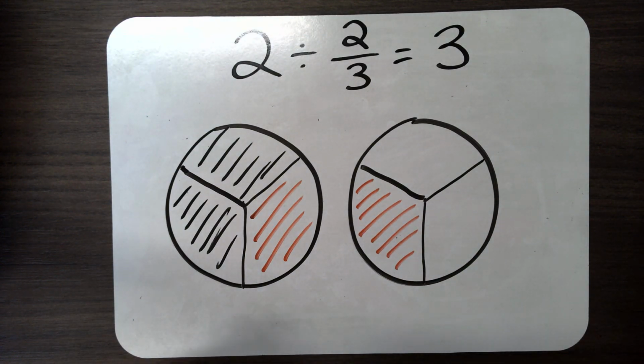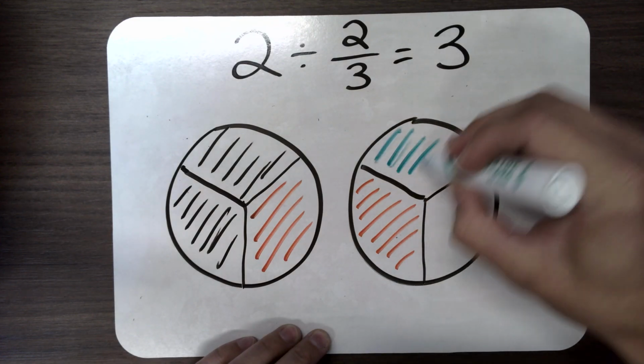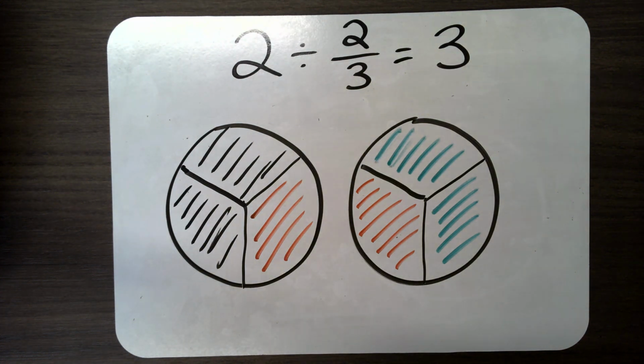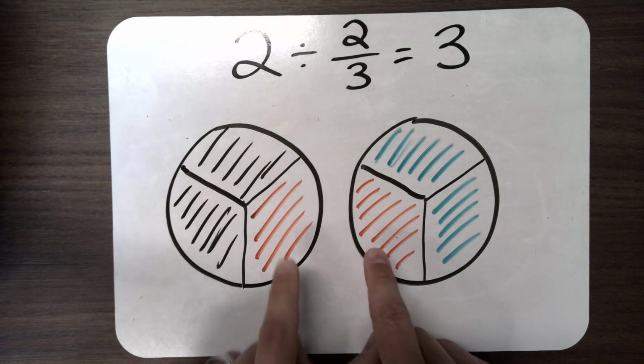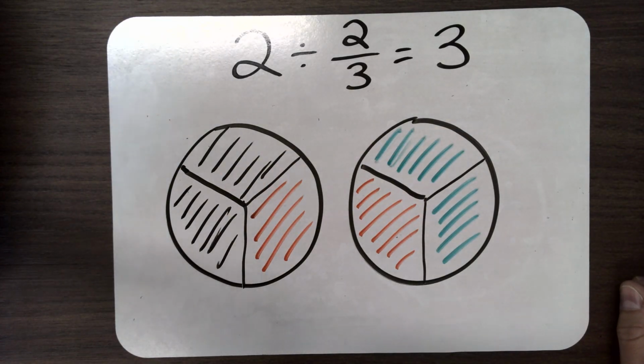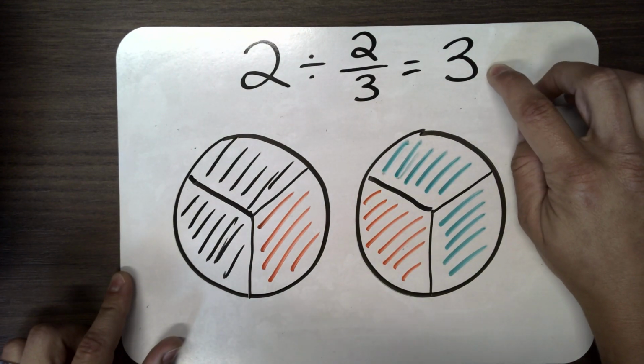Then my final group will be the green. So I have the black group, the red group, the green group. They each have a size of 2/3. So there's 1, 2, 3 total groups with that size. That's the example where we have a whole number quotient.